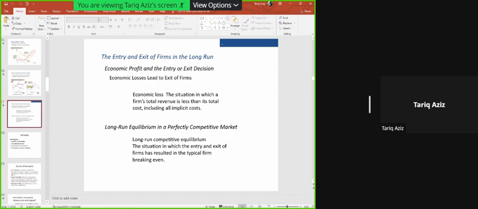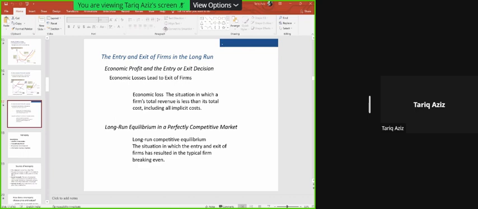So accounting profit may be 20% or maybe 25%, but a lot of costs are there which we don't account in the books of financial statements. For example, the entrepreneur may not pay himself, or even if the entrepreneur pays himself, he may pay himself a very meager amount of money.